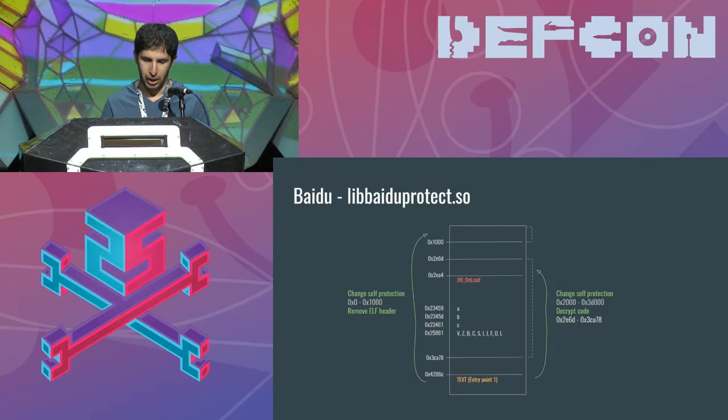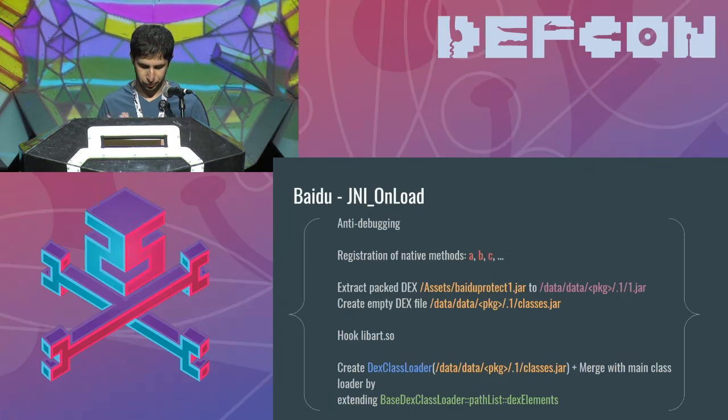Baidu used the init section in order to decompress some of the code, because again we couldn't see it in IDA, and only after decompression could we understand what's happening inside the file. And again, it is using the JNI load function to provide the mapping and do some other interesting stuff.